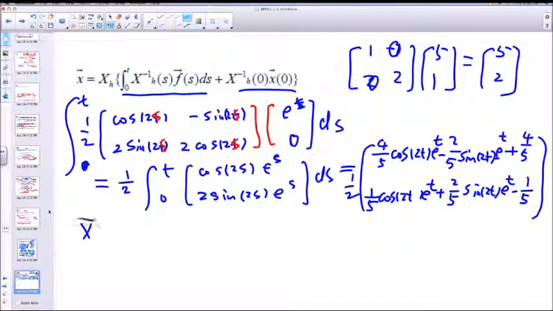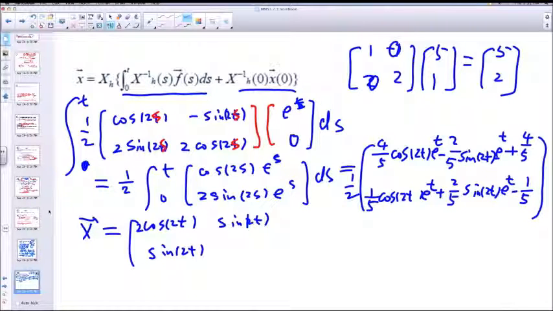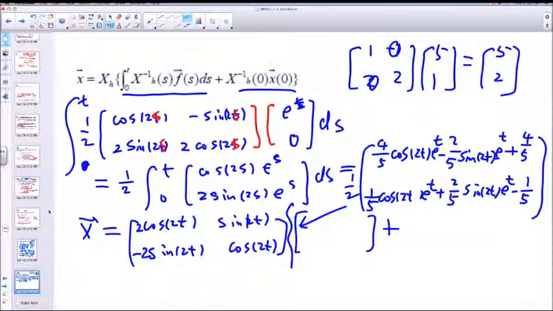So your x(t) equals the fundamental solution, cosine 2t, sine 2t, negative 2 sine 2t, 2 cosine 2t, times this, plus this. Okay, so you do need 15 minutes probably, close.